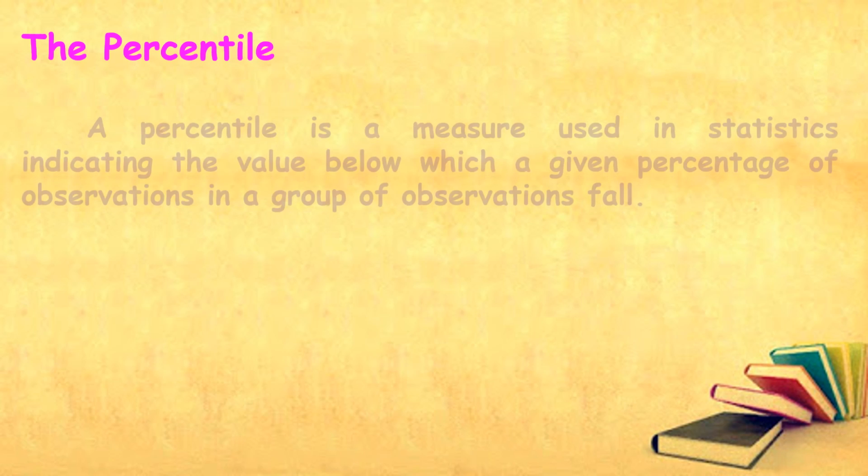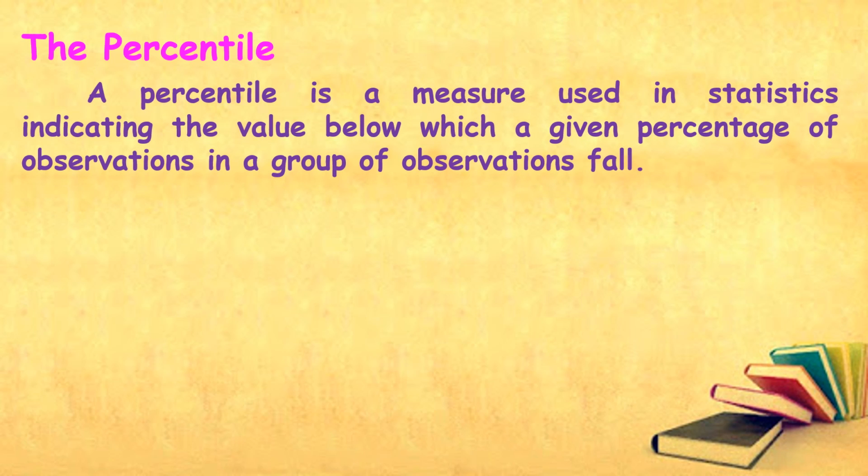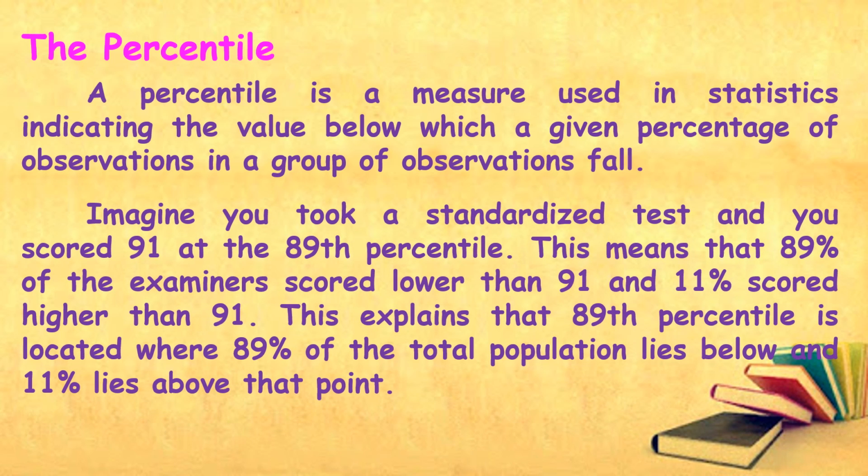Okay, so nasa last topic na tayo. Last lesson, the percentile. A percentile is a measure used in statistics indicating the value below which a given percentage of observations in a group of observations fall. So, ito yung mas madaling explanation.